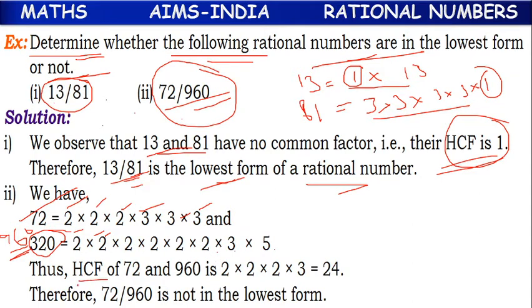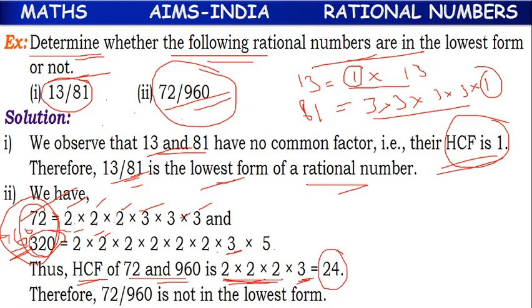So what is the HCF here? How many 2's are common here? 1, 2, 3. Three 2's are common. One 3 is common in both the factors. In factors of 72 and 960, three 2's are common, and one 3 is common.